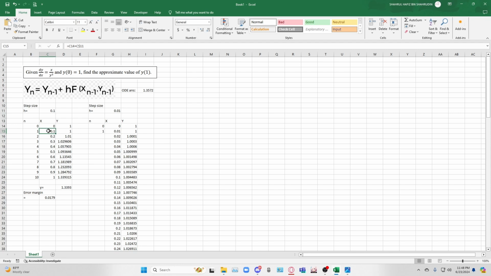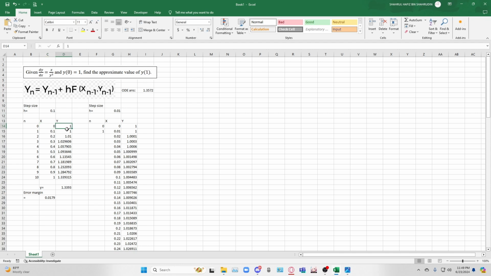And for the x value, both x value columns, I use this respective formula of, for example, C14 plus C$11. The dollar sign, for our purpose, is to make sure the 0.1 and the 0.01 is consistently being added here without any additional errors. And it will be shown until I get x equals 1, which is what the question is asking for.